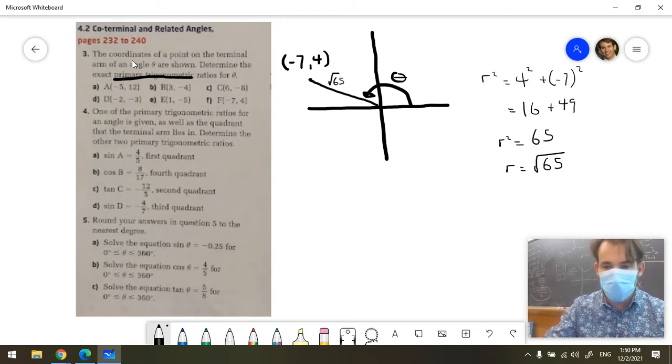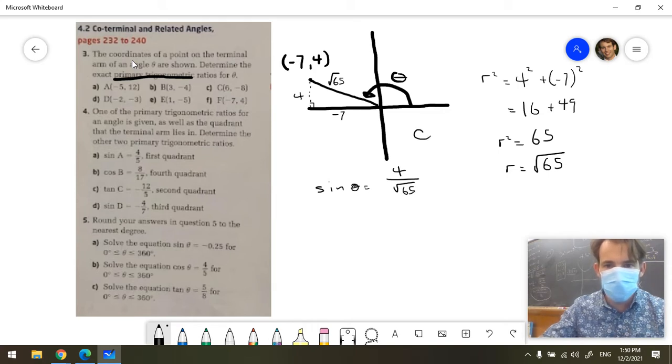Beautiful. Now I can build my trigonometric ratios. Just draw the triangle on if you like. Here, this is negative 7, this is 4, and this is positive root 65. So sine theta, which is SOH, is opposite over hypotenuse. Here's the opposite, so this is 4 over root 65.